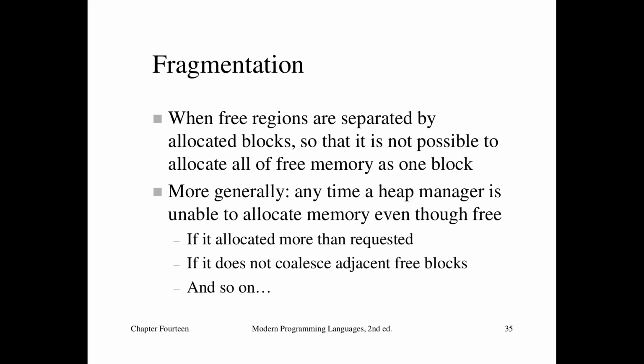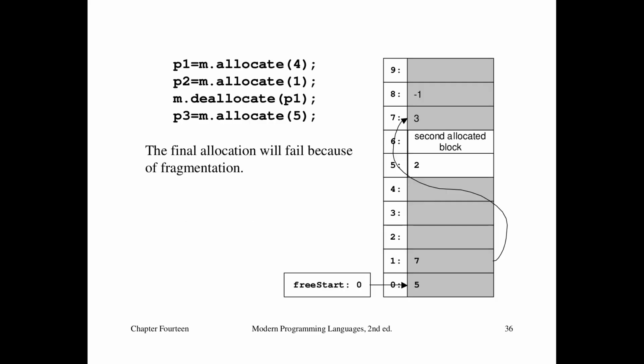But here we have a whole bunch of free blocks. We maybe have enough memory to allocate, but they're not adjacent to each other, so we can't actually do the allocation. That's the problem.